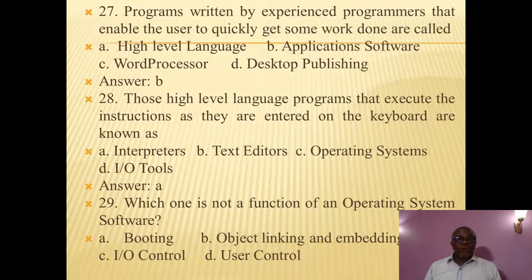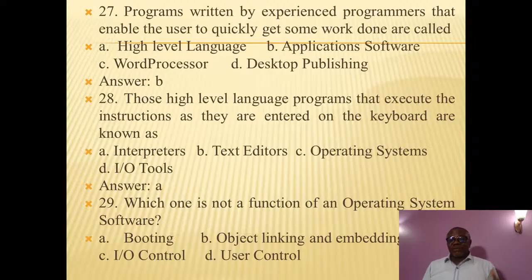So we know that when you start your computer, you say that you are booting it. What is happening is that the operating system is trying to organize what you are doing. The OLE, that is object linking and embedding, is not a function of the operating system.